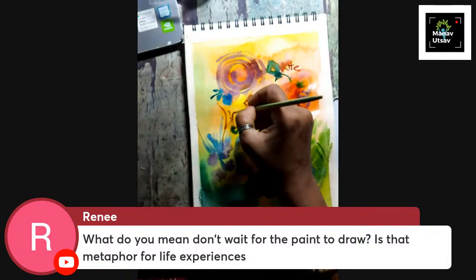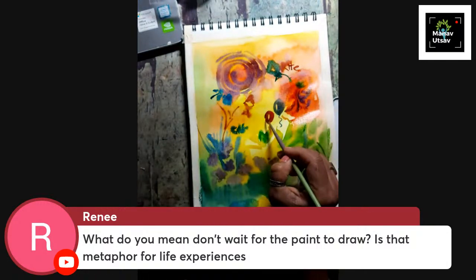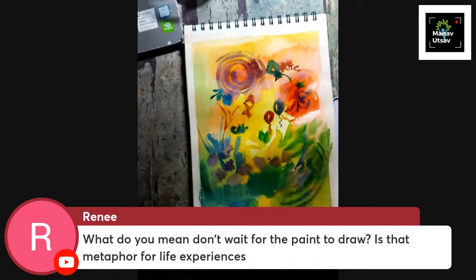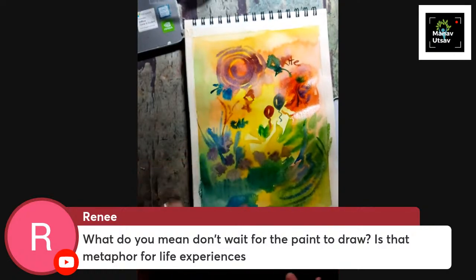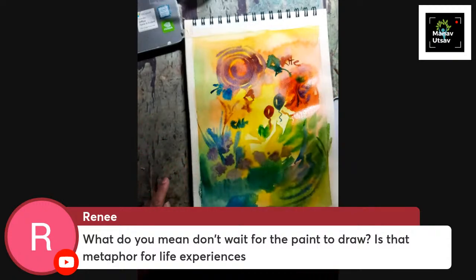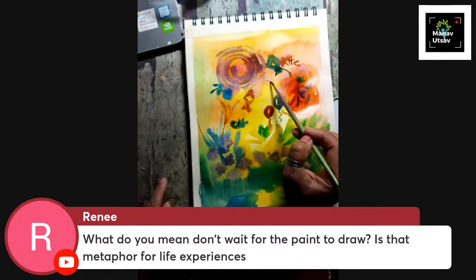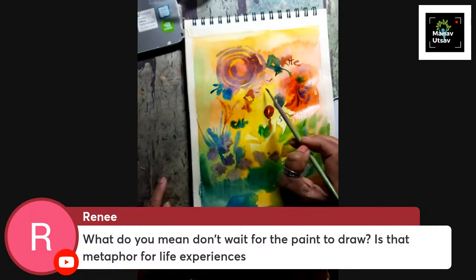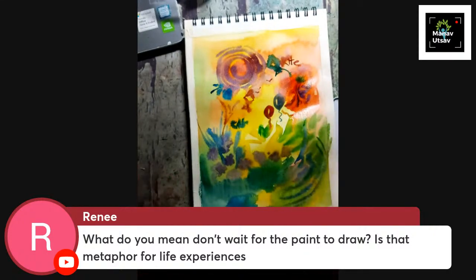So if we keep on waiting... this is another color I choose, this watercolor. See, because I didn't wait for the background to dry, all these happy accidents happened. The blobs are gone somehow, but they have left some blotches. I can make them again, or I can just enjoy those blots. I can enjoy the blots of this green.